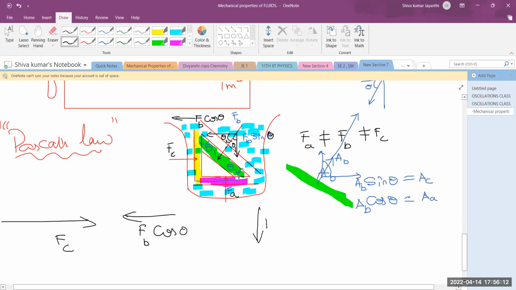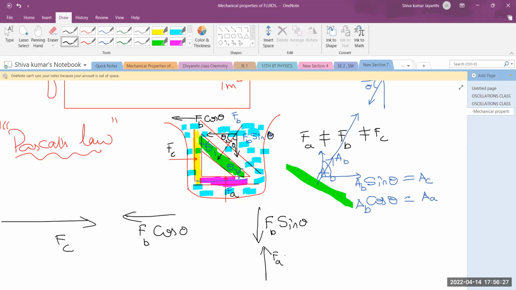Fb sin theta is opposing the upward force Fa. So Fb cos theta is equal to Fc, and Fb sin theta is equal to Fa. When these two are equal and these two are equal, that's it.